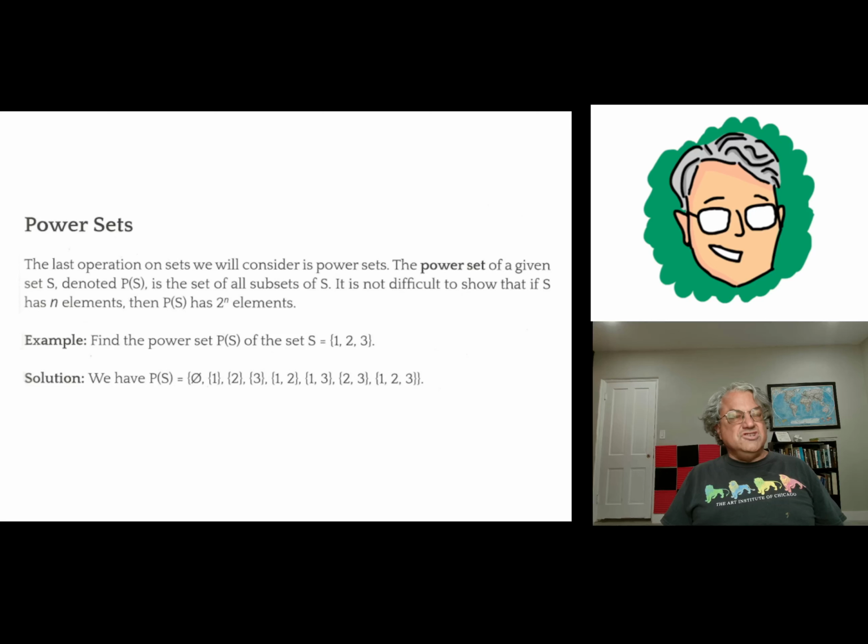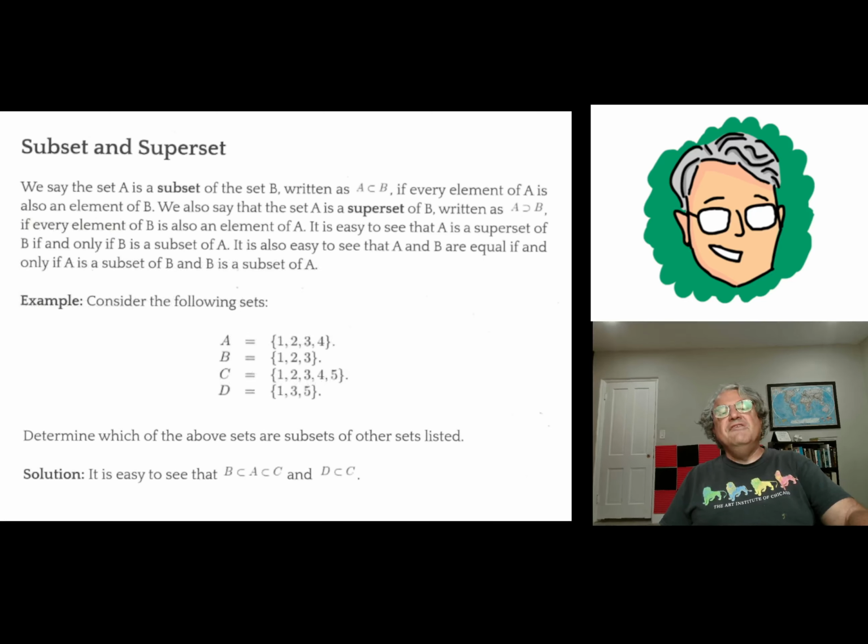And there's different notations for writing subset and superset. Sometimes people talk about proper subsets. I don't do that here. But there's another notation a lot of people use for writing proper subset versus subset. Remember I showed you this horseshoe symbol for subset.